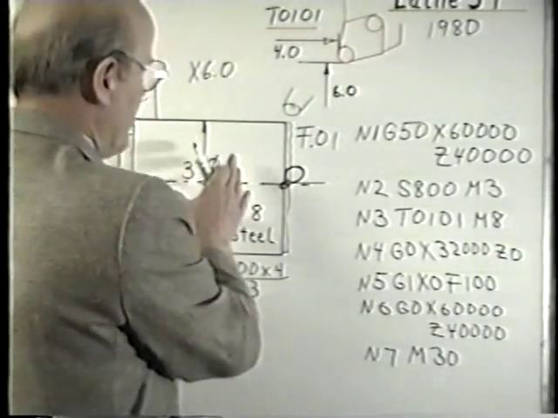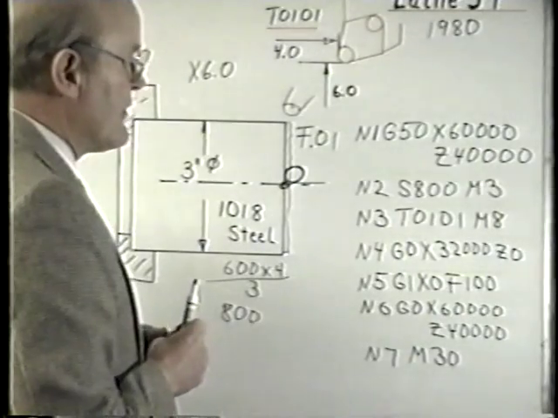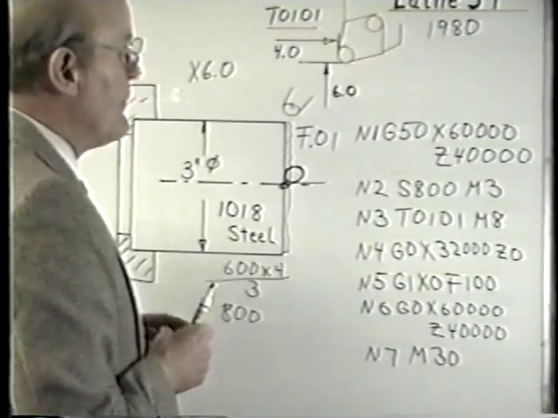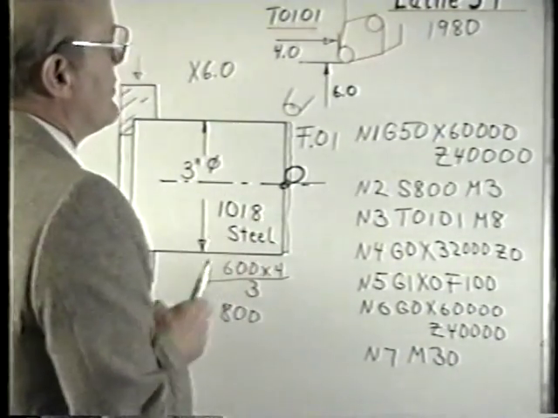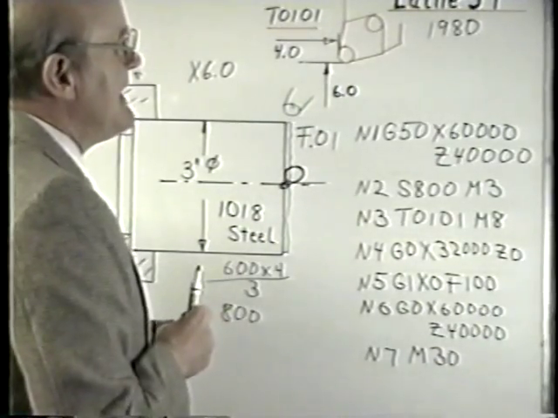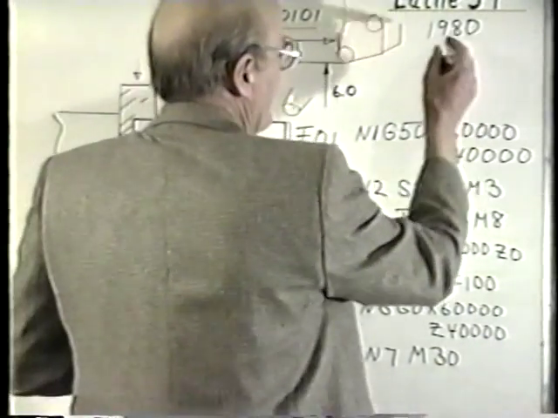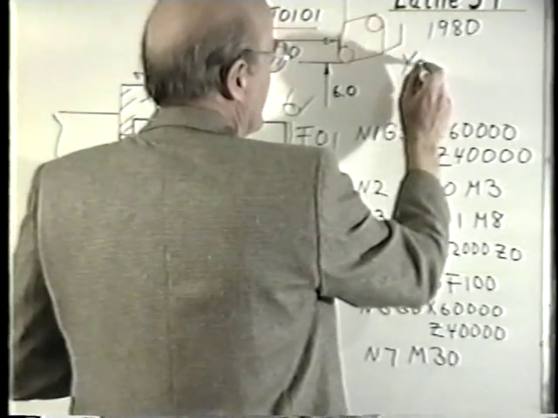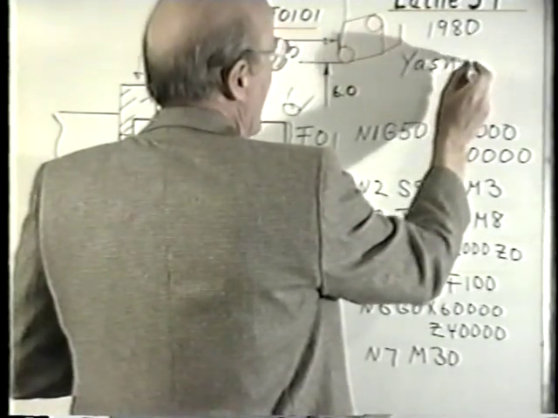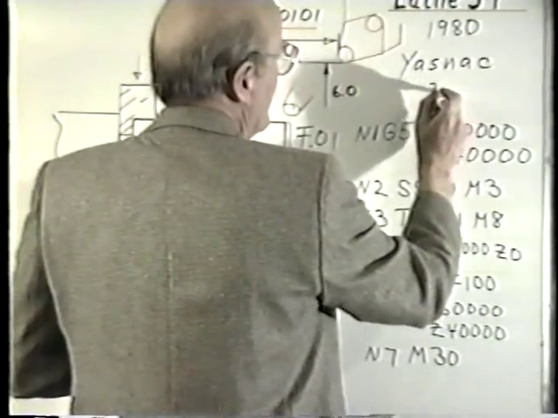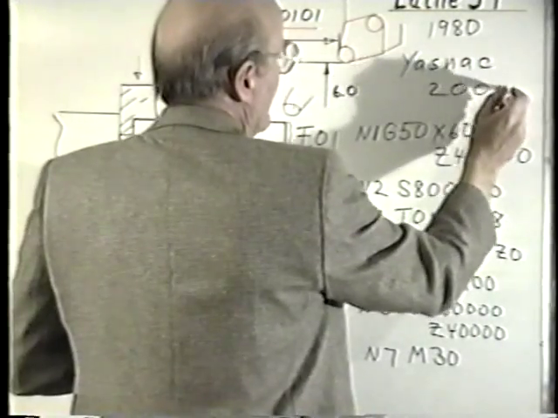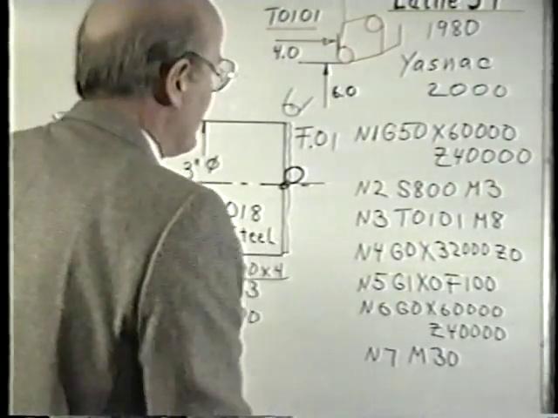It was diameter programming. We told the control what to do one step at a time. And that would be the method of programming the 5T and other controls. There is a Yasnac that was on a lot of Mori Seiki's. A Yasnac 2000 was programmed like this, and many other controls.